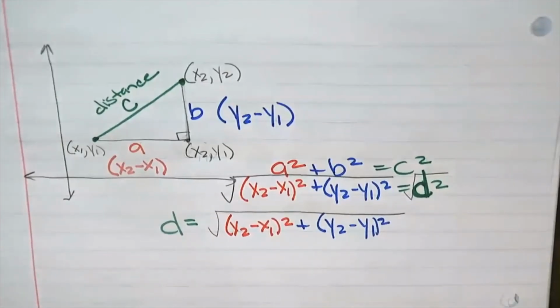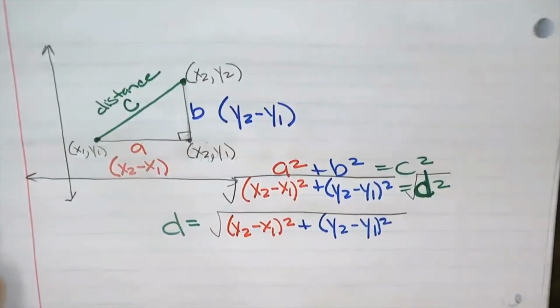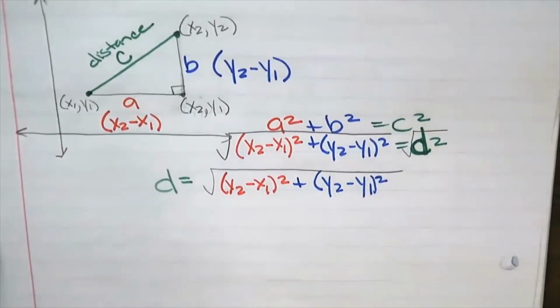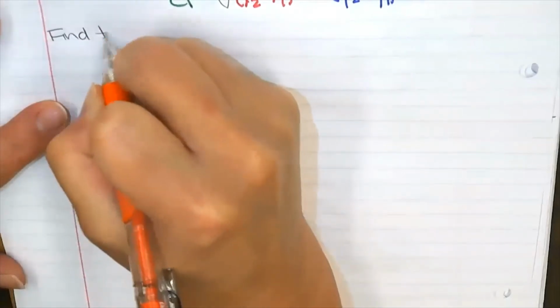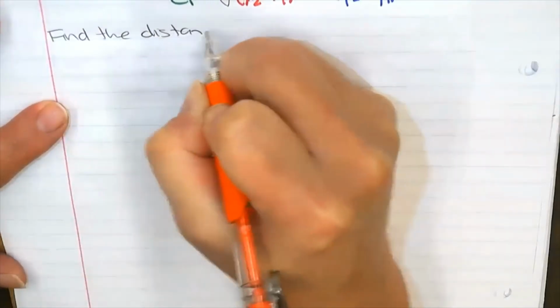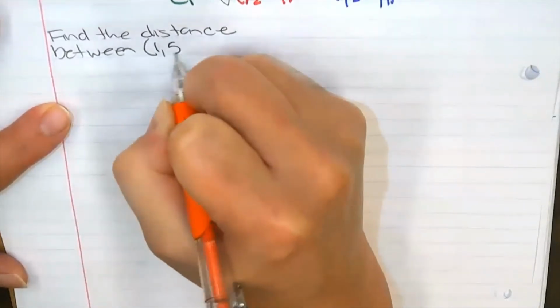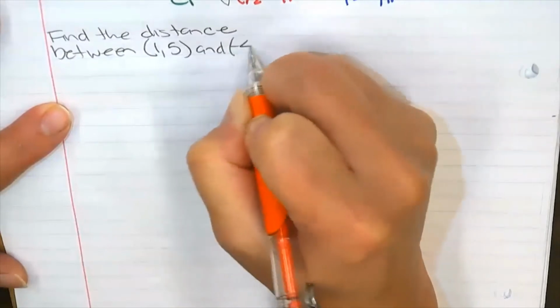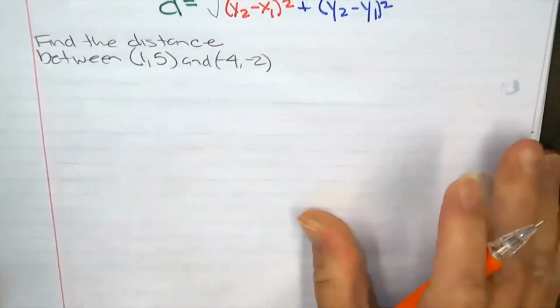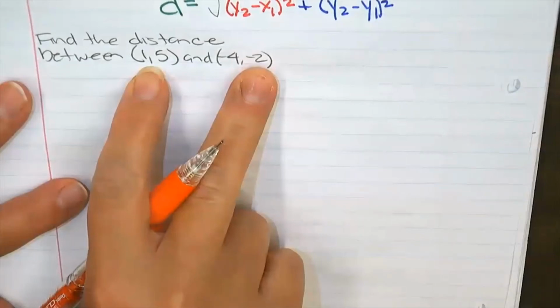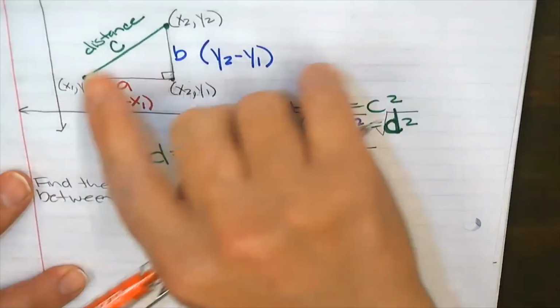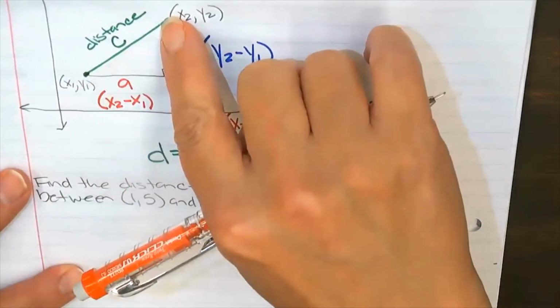Okay, now what does all of this mean? Let's put it to use. Okay, I want to find the distance between 1, 5 and -4, -2. So we have these 2 points, and we've drawn our line and we want to know what that distance is.